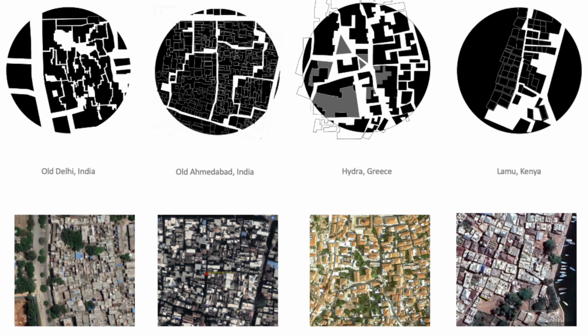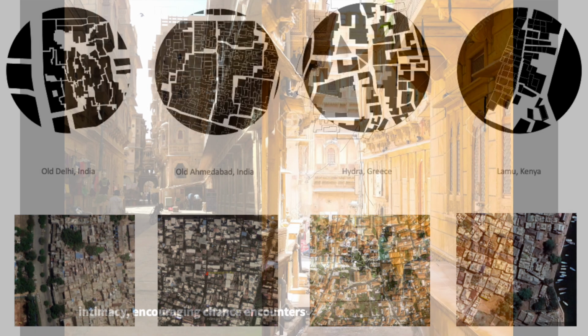Old Delhi, Old Ahmedabad: you see how narrow the streets are in Old Ahmedabad, sometimes even 2.5 meters wide, and they used to work for us. Hydra, Greece, Lamu. Lamu is a car-free city in Kenya.